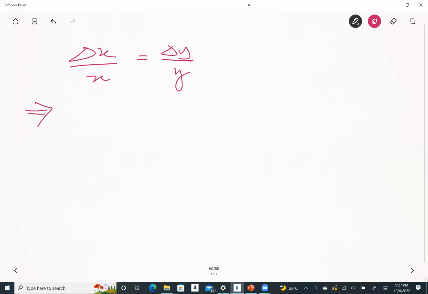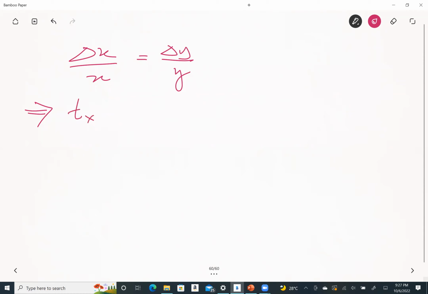So you can write in terms of elasticity.